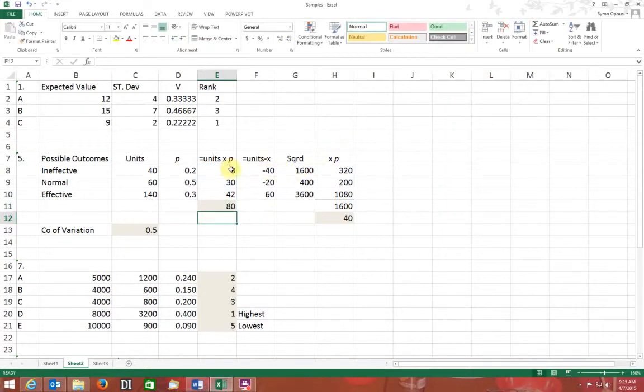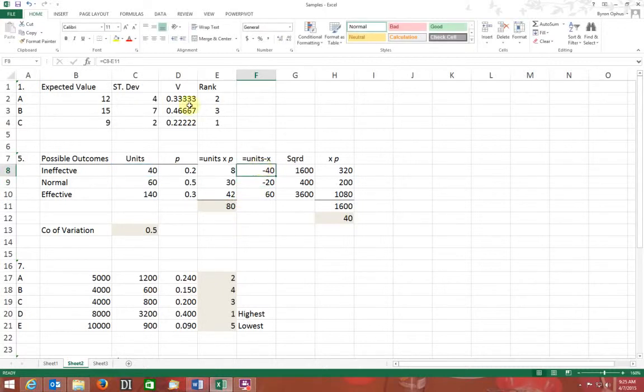Okay, and then remember, I take my units minus my expected, so I get a value here, and that's simply equal to the projected units minus my overall expected value, or overall expected sales.